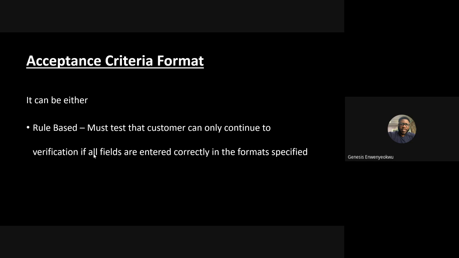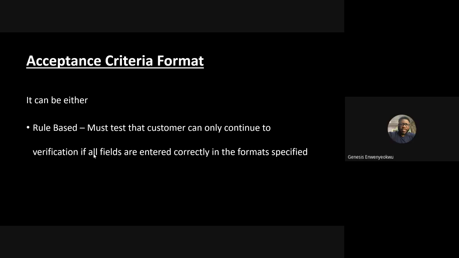But for the rule base, you can go ahead stating your conditions and your criteria as much as you have. Some people use "must test." Like one of my colleagues in the office, if he's writing acceptance criteria, he says "must test that customer can only continue," or "must test that customer can do this." Sometimes I use "must ensure." So you're basically stating the rules.